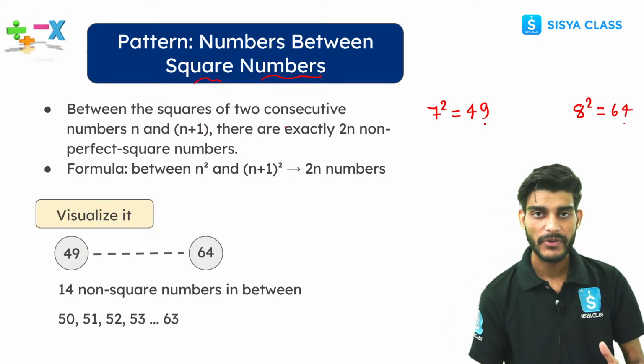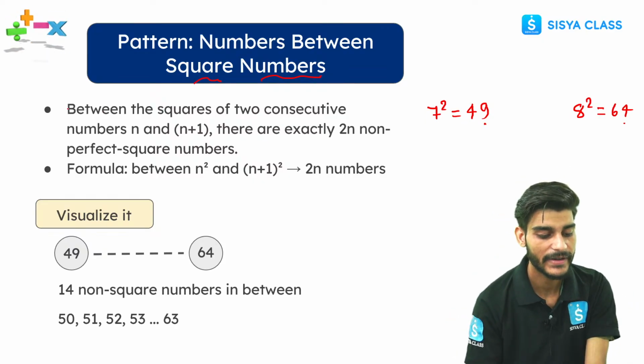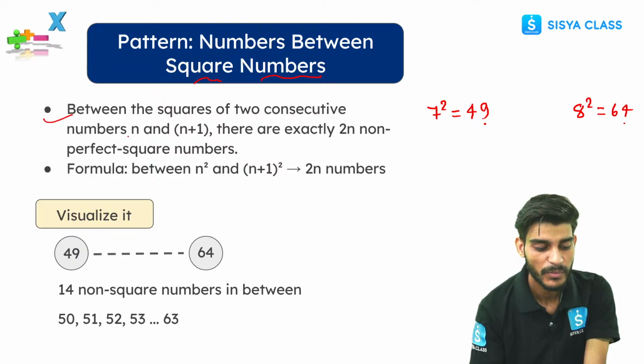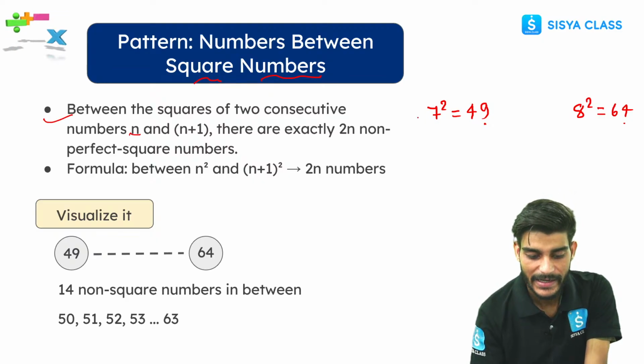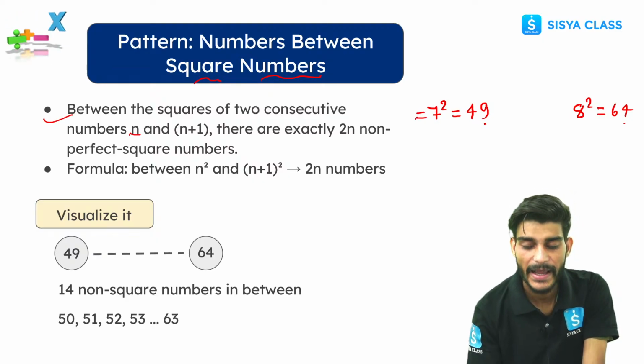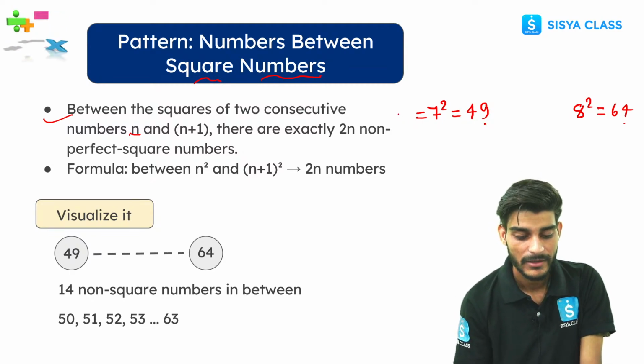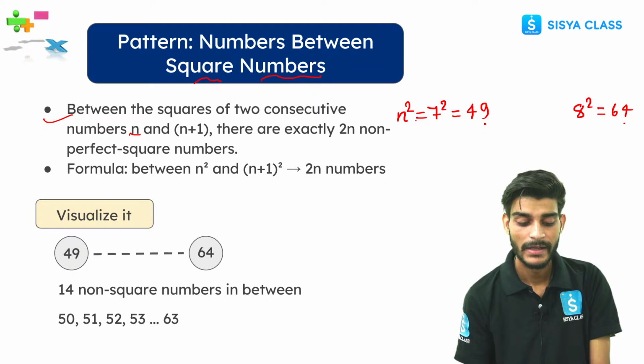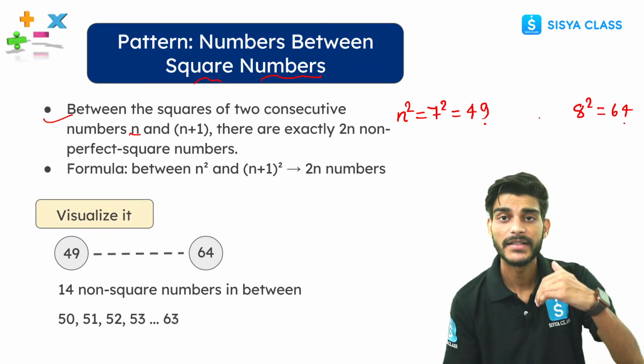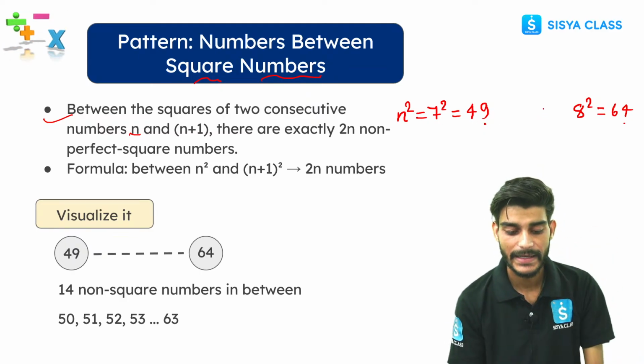If such kinds of questions appear, this kind of trick is very helpful. Let us suppose this is n that I have chosen. n I have chosen as 7. So this can be written as n square. What is the next consecutive number of n? That is n plus 1.